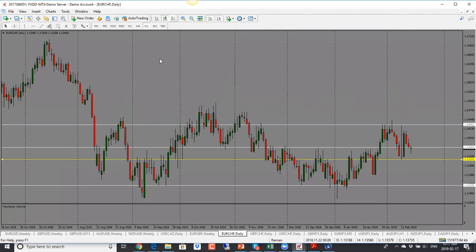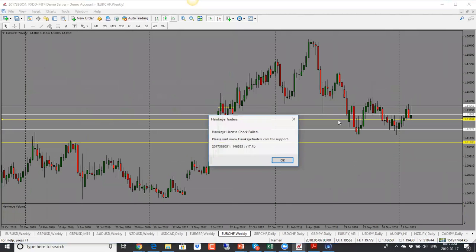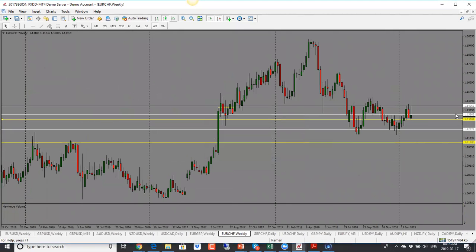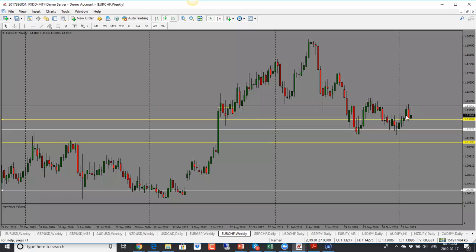All right, so Euro Swiss here. Euro Swiss has also gone back and forth. This one, last week, we had a bearish candle close here. It went and tested the high once again, and now we have a pin on top. So with this one, bias will be to the downside, but keep in mind that it could test the high once again because there is bullishness in this candle.